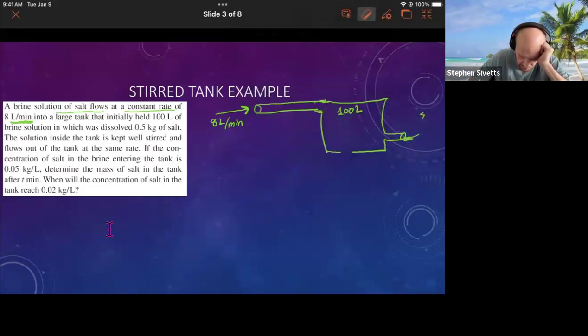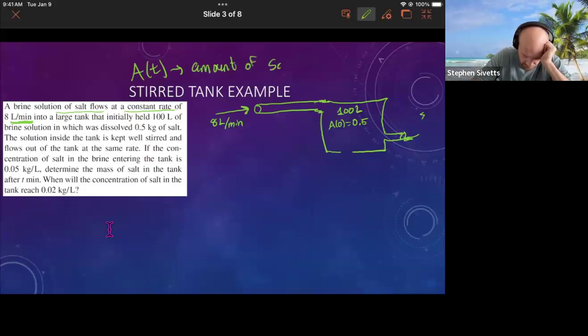So the initial amount of salt in the tank is 0.5 kilograms, right? So A of T in this case is the amount of salt in the solution, in kilograms, all right?